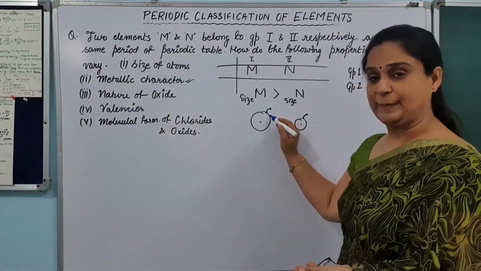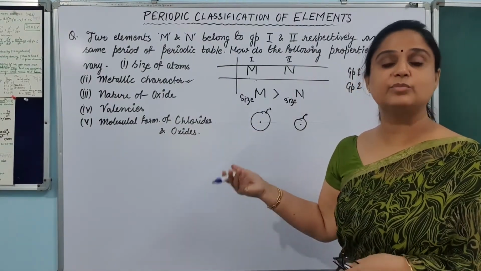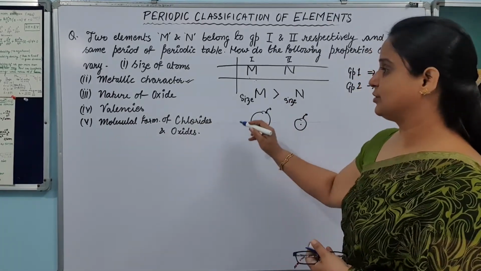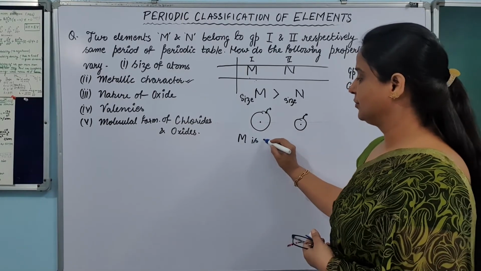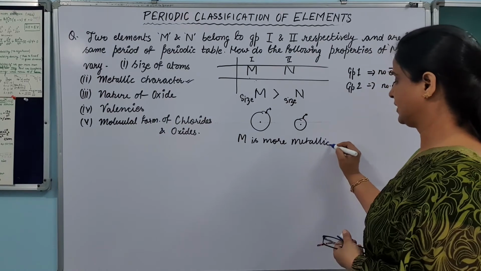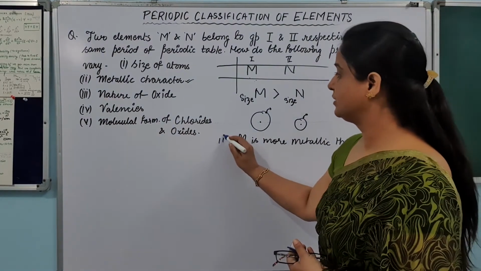Obviously which is bigger one. So that bigger one will lose the electron easily, hence it will be the most metallic, more metallic among these two. So M will be more metallic than N. Done? Answer number 2.